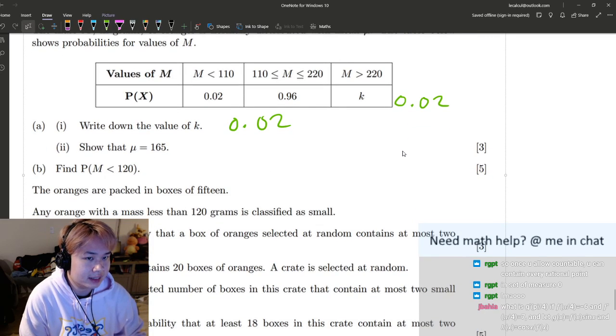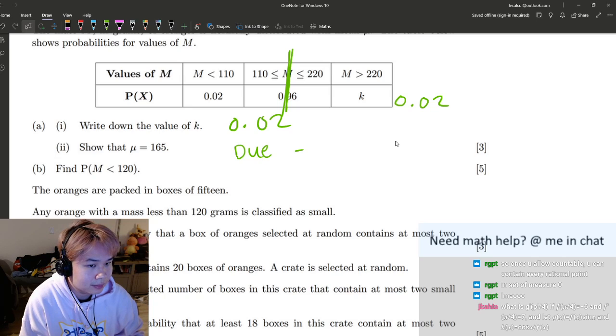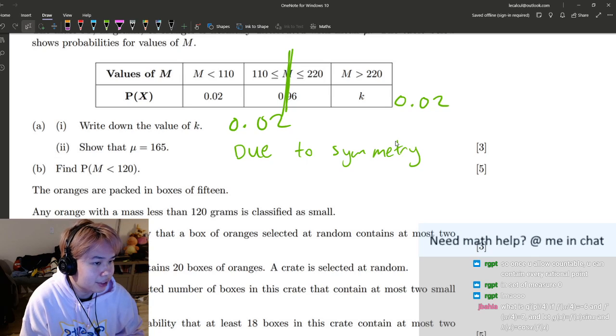Because it's exactly symmetric, the mean has to happen exactly in the middle of 110 and 220. So I guess you would provide reasoning, right? Due to symmetry. And then you can even draw a nice little picture, right?